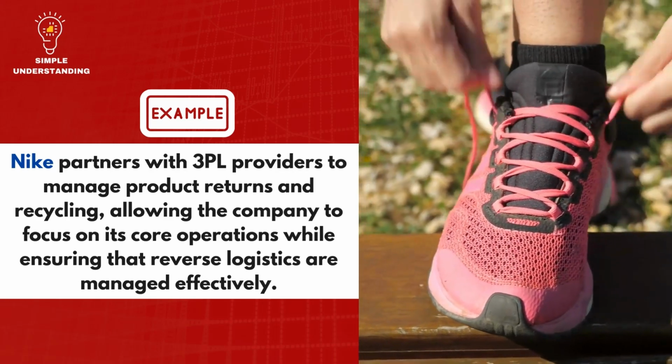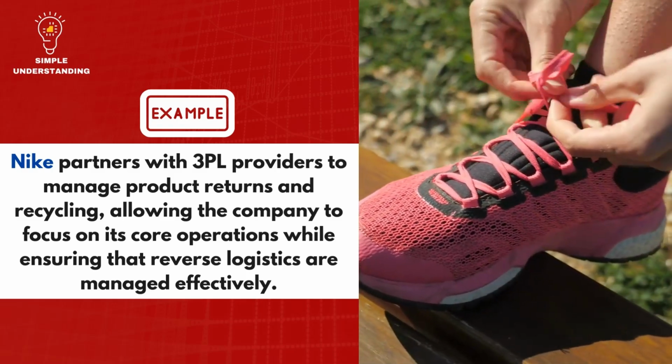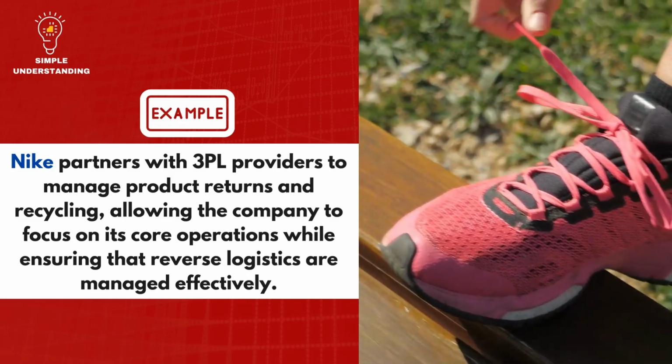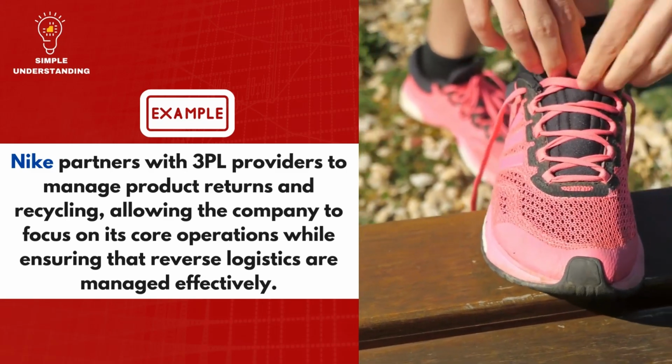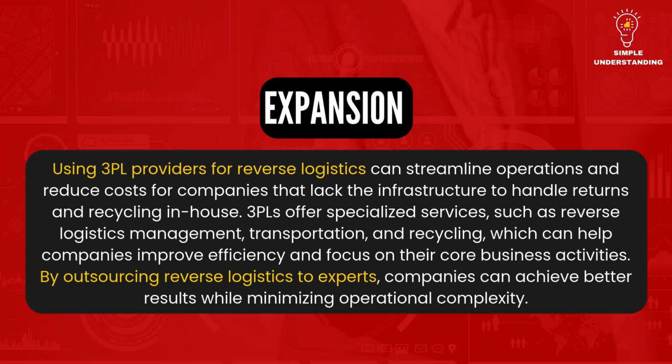Nike partners with 3PL providers to manage product returns and recycling, allowing the company to focus on its core operations while ensuring that reverse logistics are managed effectively. Expansion. Using 3PL providers for reverse logistics can streamline operations and reduce costs for companies that lack the infrastructure to handle returns and recycling in-house.